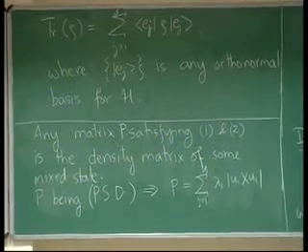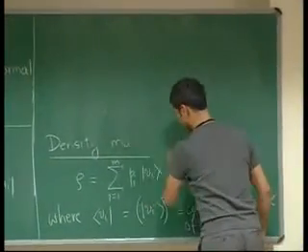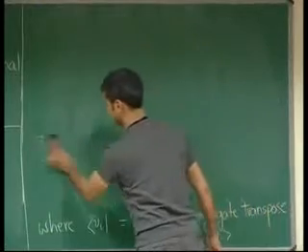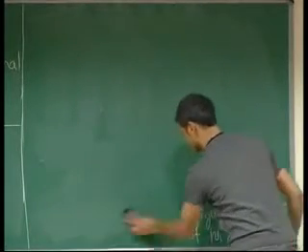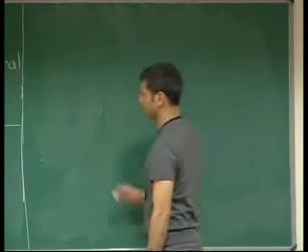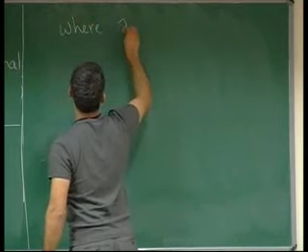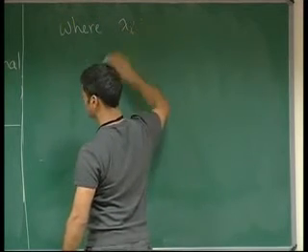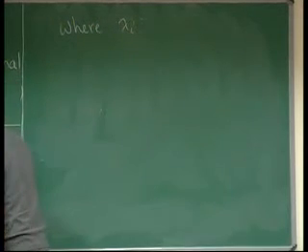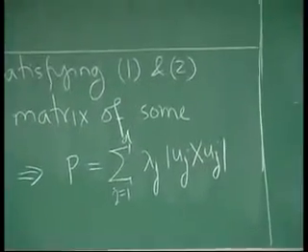They are the eigenvalues of P, and the Uj's form an orthonormal set. Oh, sorry, this is j. Let me just use j. I was using i for a different index.